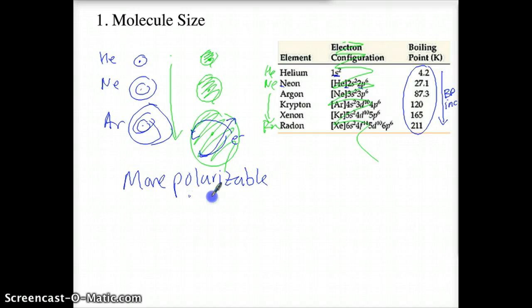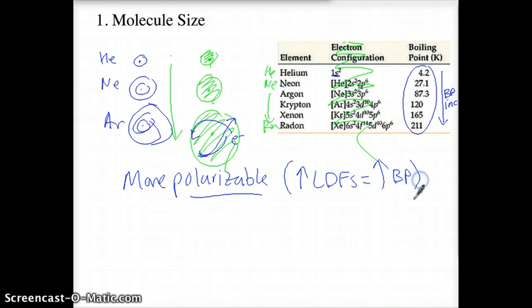So as this becomes more polarizable, it's easier for this molecule to have London dispersion forces, so it has increased London dispersion forces. And we know that every time you have more intermolecular forces, that's going to lead to an increase in boiling point. So that's a simple visual. Increasing molecular size clearly affects the London dispersion forces. None of these atoms have hydrogen bonds. None of them have dipoles. These are temporary induced dipoles called London dispersion forces.